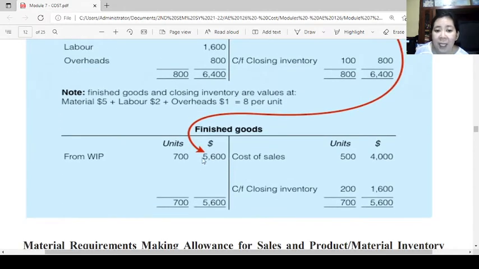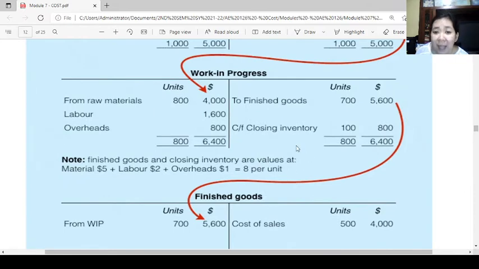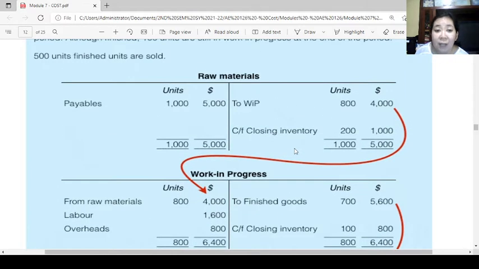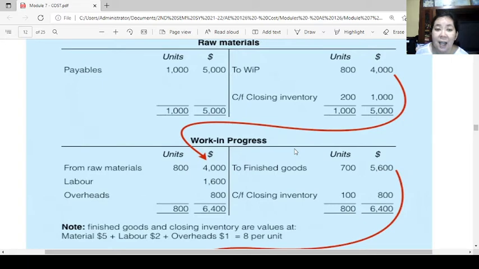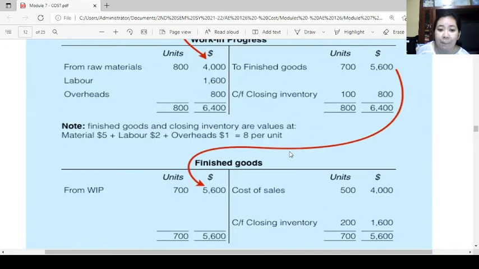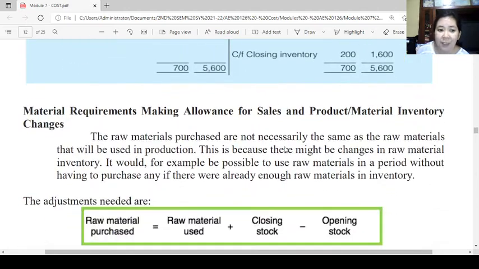And ultimately, when these items are sold, we will credit our finished goods for the sold items, in this case, 500 units. And we will also be determining the ending or closing inventories for each of these categories of inventory: raw materials, work in progress, and finished goods respectively.